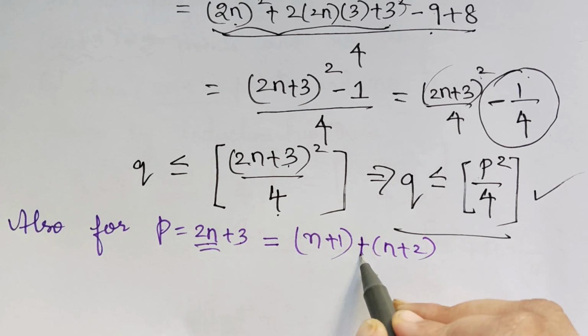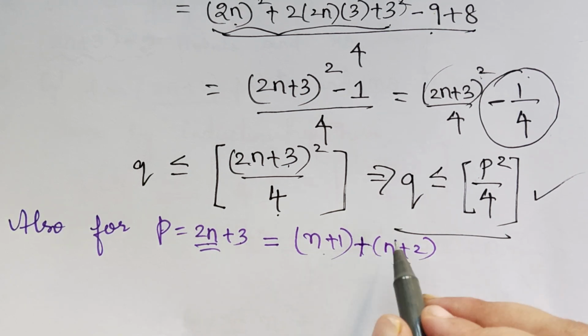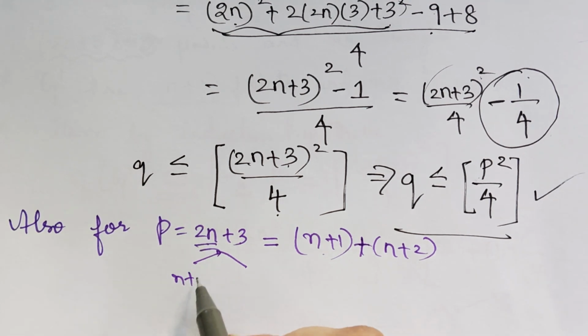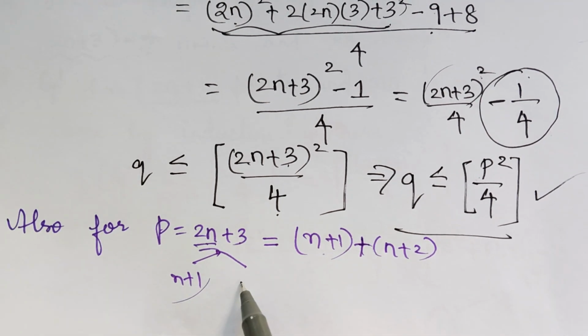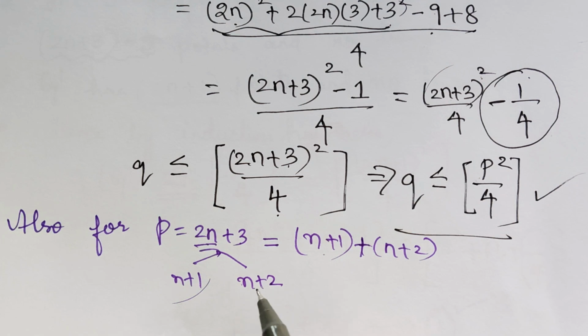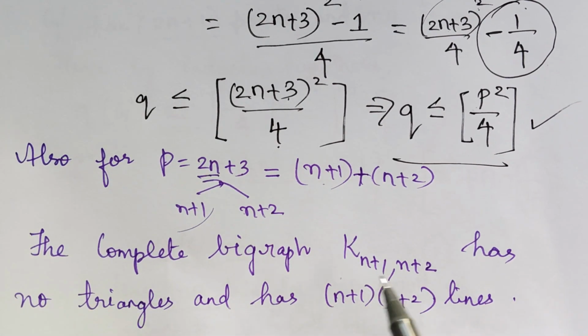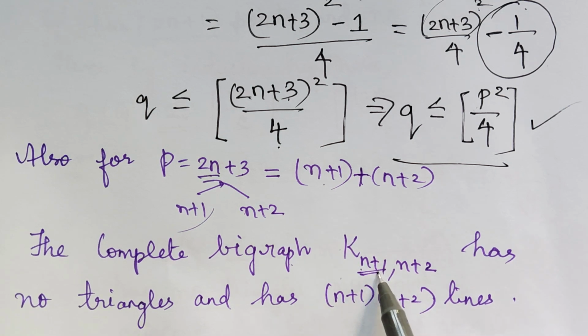I am just splitting it so that I can get a complete bipartite graph. That is, I am splitting this 2n plus 3 as n plus 1 number of vertices in one set and n plus 2 number of vertices in the other set. So what we get is a complete bipartite graph, that is K with n plus 1 number of vertices in one set and n plus 2 number of vertices in the other set.